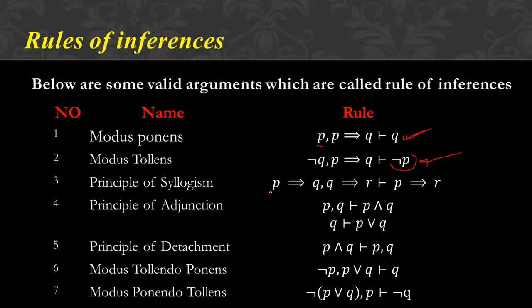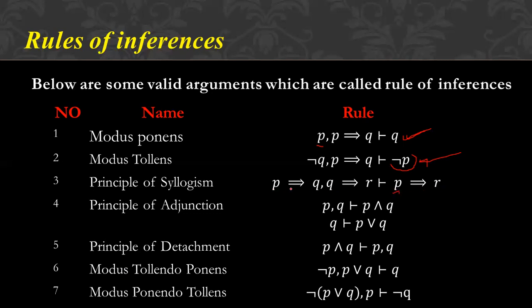But if we assume that P is false, for P implies Q to be true, Q can be either true or false. For example, if we assume Q is true and R is true, then P is false but R is true, so false implies true is true.